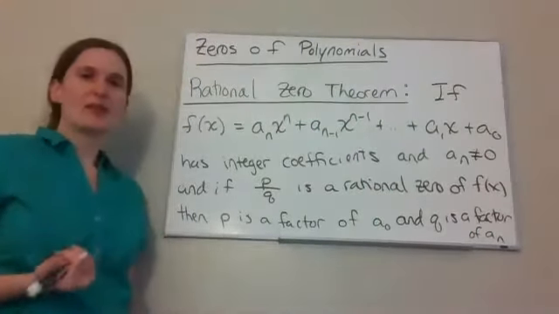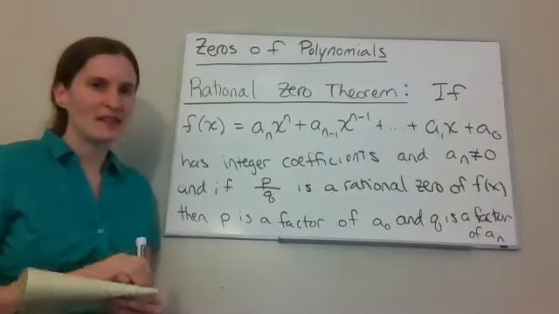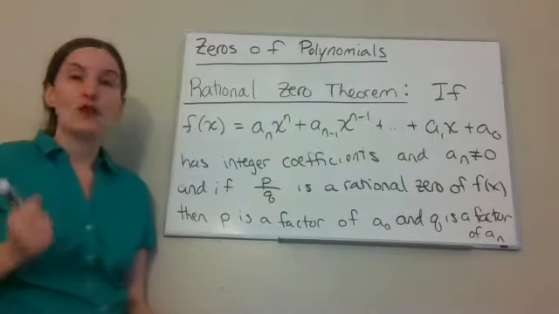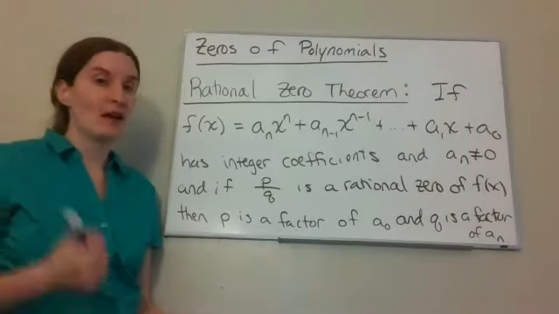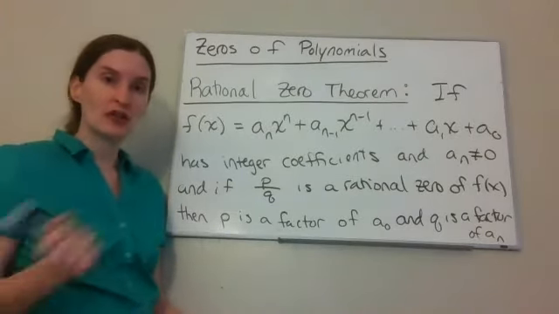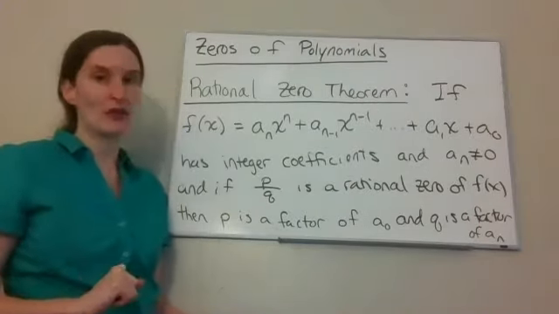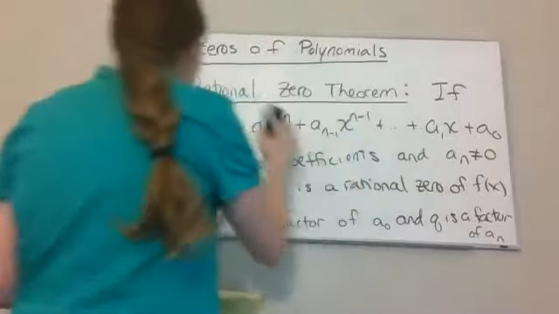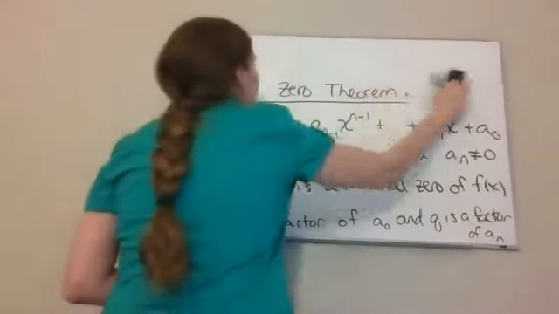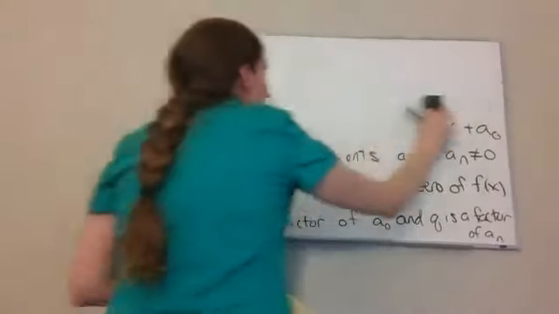So that sounds pretty complicated, but what this is saying is if you have a rational zero, it's going to be of the form factor of your constant term divided by factor of your leading coefficient. So let me write that real quick.